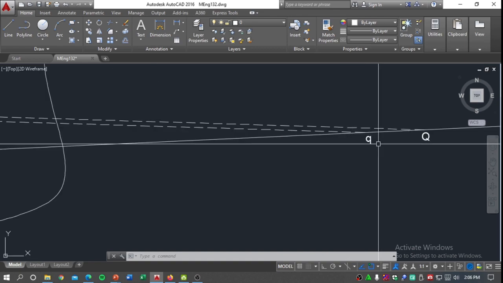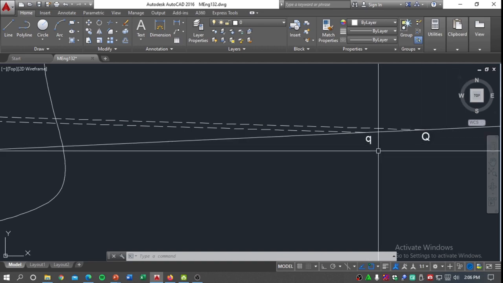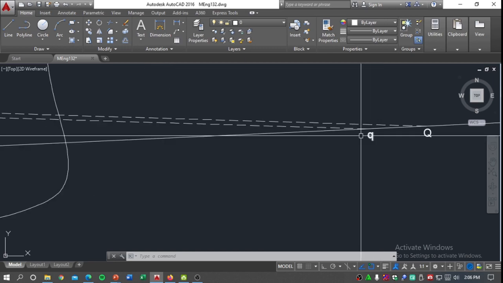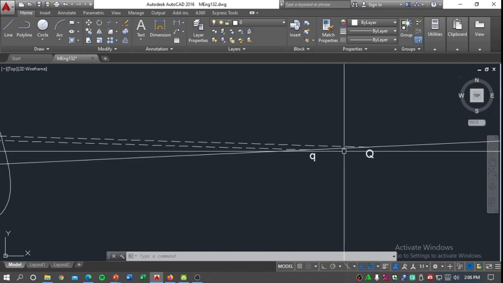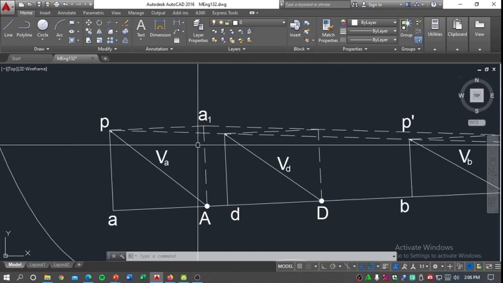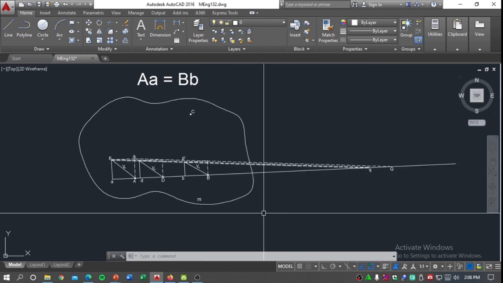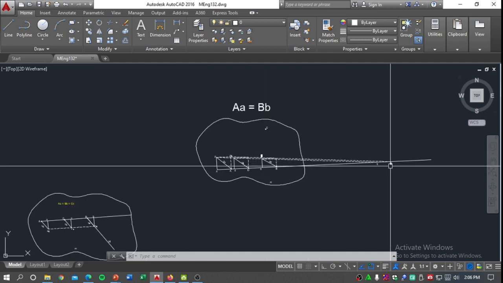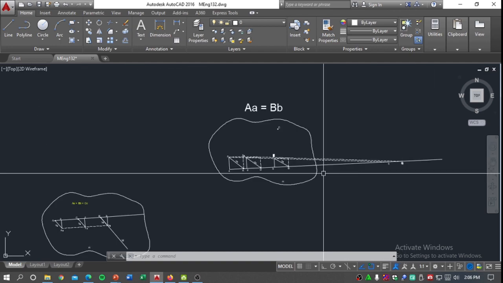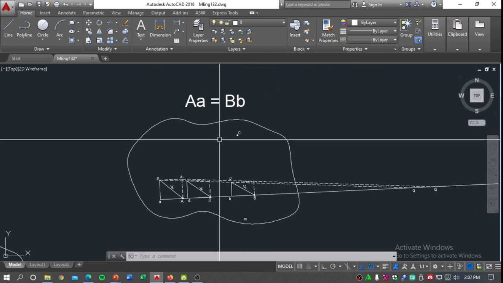So this point small q, or even the line capital Q, is a component of the velocity of point Q. So by projecting this, we need to prove that what we just did by projecting these two lines will prove that this length of QQ is the same with the length of BB, right?